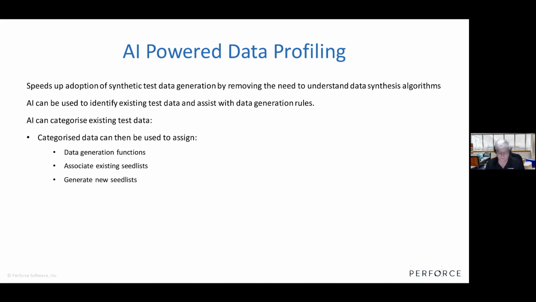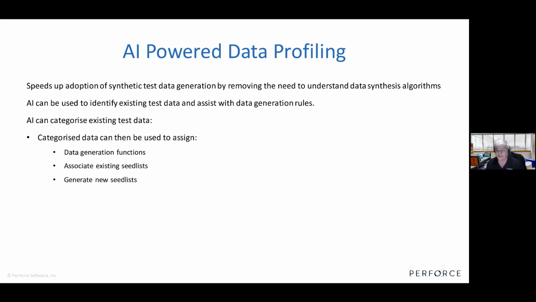Now, to get from this data in a CSV file to a data entity that you can use to generate data, before AI, there was a learning curve. You had to look at each parameter, understand what the data is, and then map that to a corresponding function. Make sure the function generates the data you need, and then go to the next parameter. So it's just time consuming going through each parameter, learning the functions that are available, and mapping functions to data types.